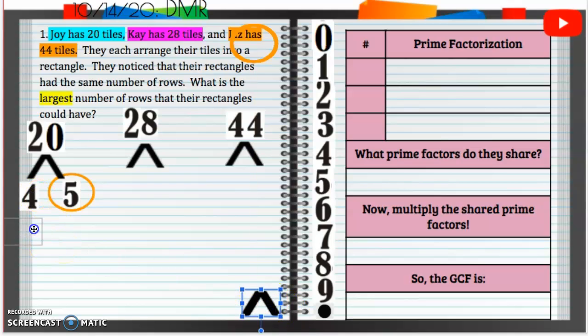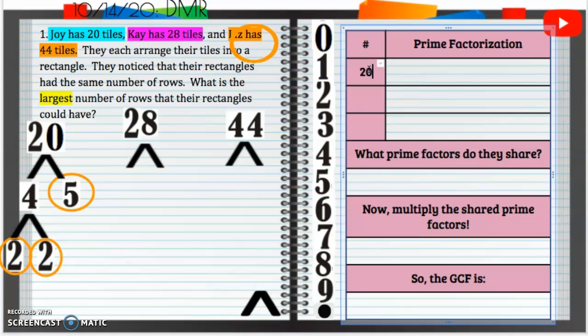But 4, however, we can break down. We know that 4 is 2 times 2. 4 can be factored into 2 times 2. And we know that 2 is a prime number, so we are going to circle it, because the only two factors are 1 and itself. There are no more branches to go.